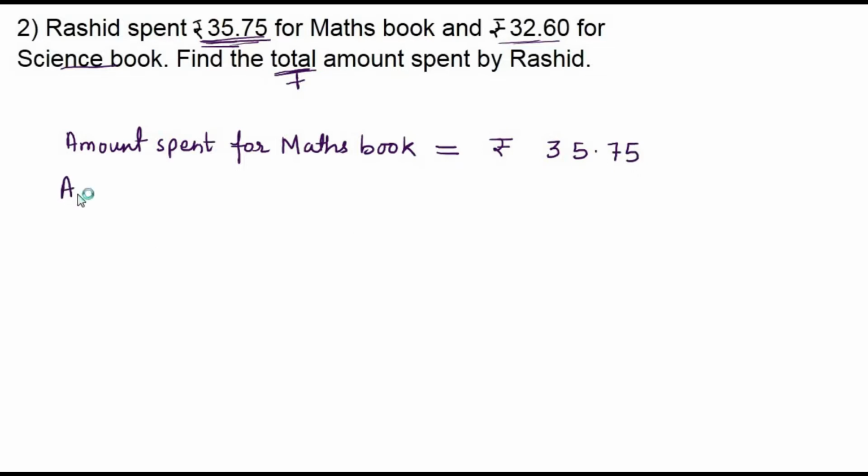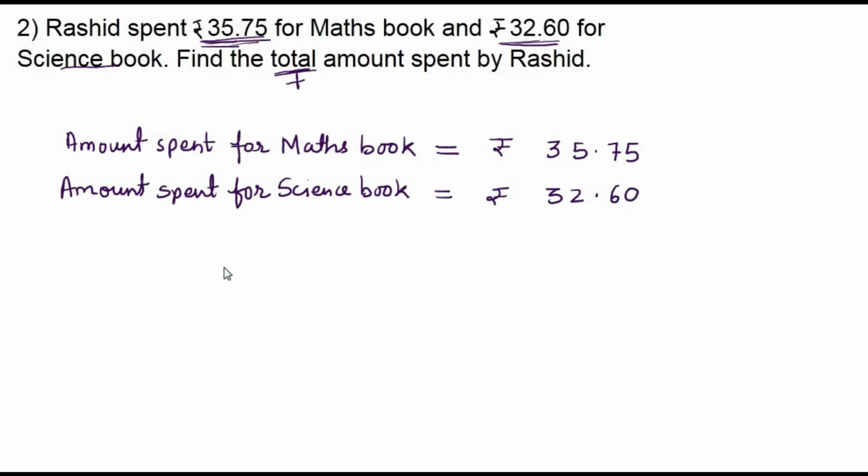Next, amount spent for science book, that is rupees 32.60. Now finally we need to write down the third statement, that is total amount spent by Rashid.